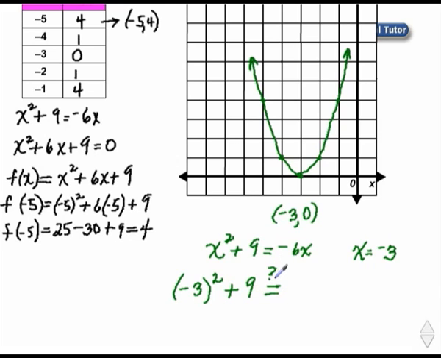I'm going back through, and everywhere I see an x, I'm going to substitute in a negative 3. Negative 3, the quantity squared, is 9, and 9 plus 9 is 18. A negative 6 times a negative 3 is 18. There we have our check. The solution to the given quadratic equation is x equals negative 3, and we found it by graphing.